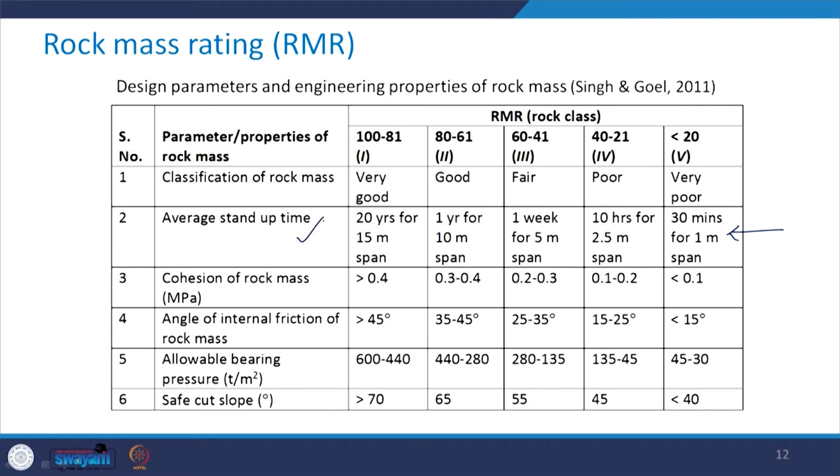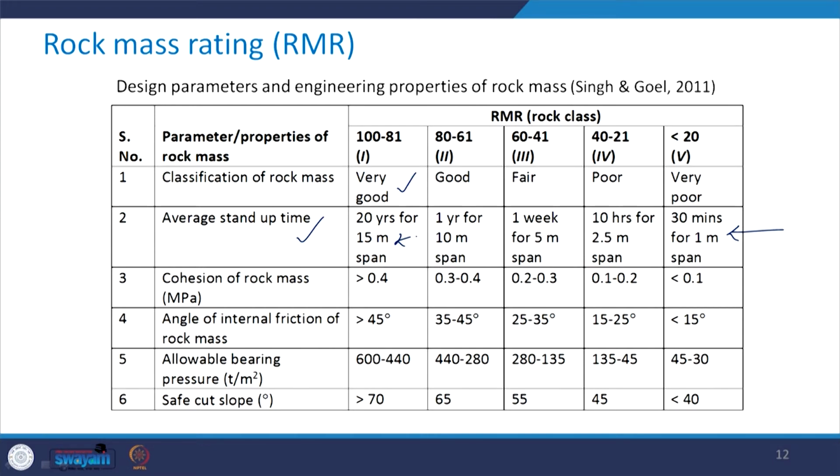In case you have a very good quality rock mass, the average stand up time is 20 years for 15 meter of span. That means a 15 meter span can stand up to 20 years without caving in.